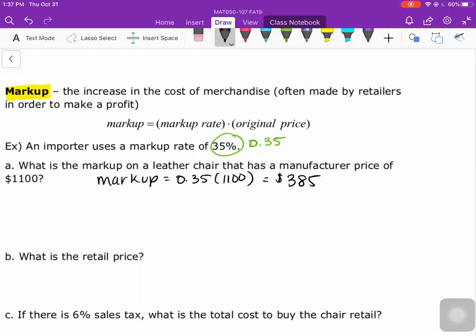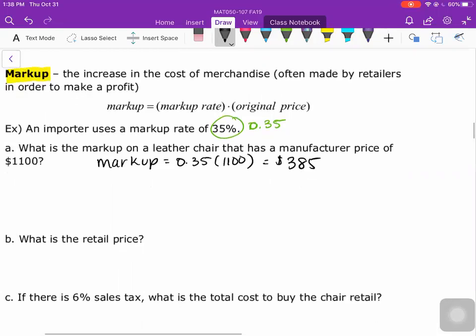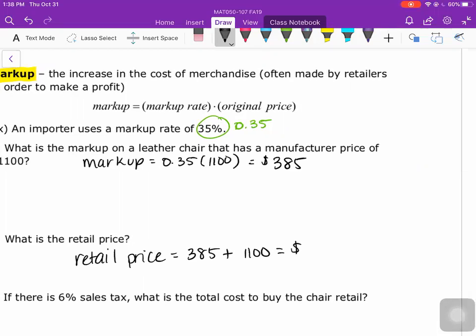So that's the markup. How do we then determine what the retail price is? Add. What are we going to add? 385 plus 1,100. Good. $1,485.